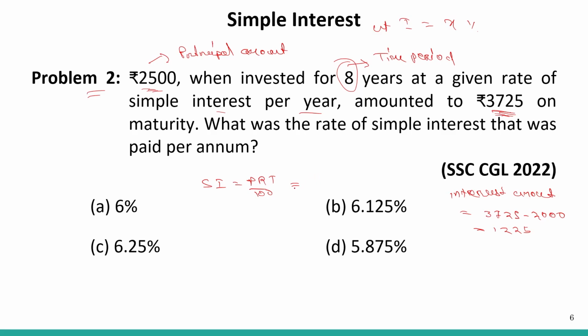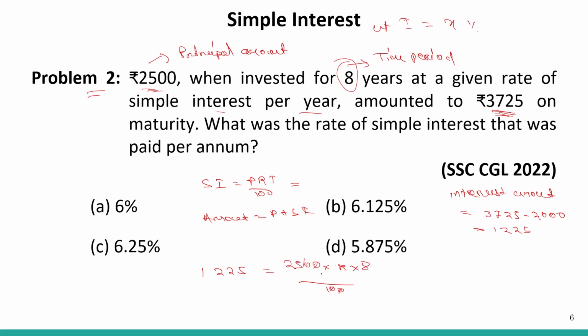And amount is equal to P plus SI. So let's use the formula and solve it down. Given that SI is 1225, this much is equal to PRT. P is 2500 into R, which is not given, so let it be R, and T is equal to 8, all by 100.